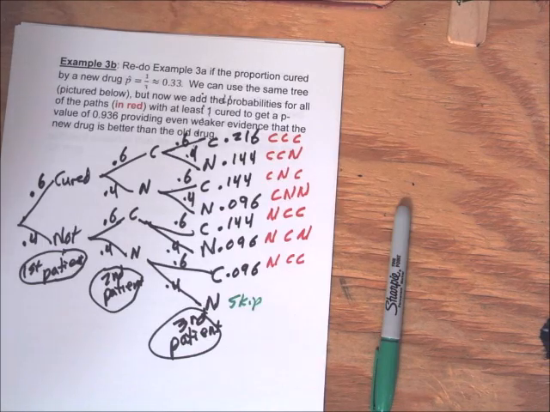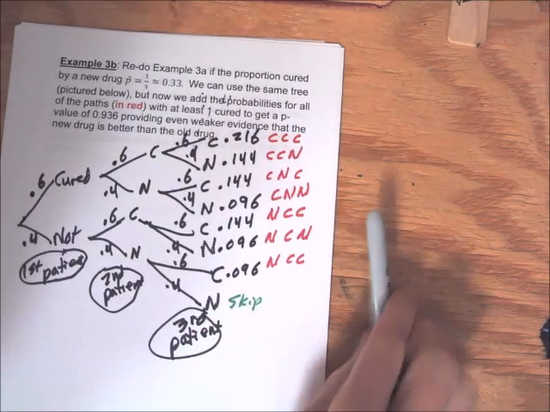Let me try that again. 0.216 plus 0.144 times 3 plus 0.096 times 3. Yep. 0.945.